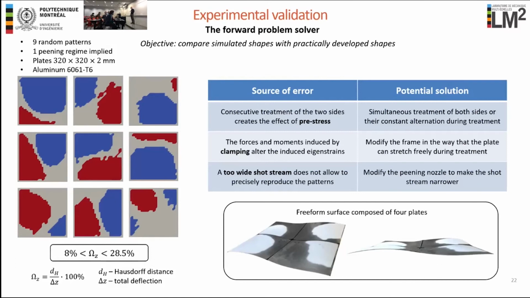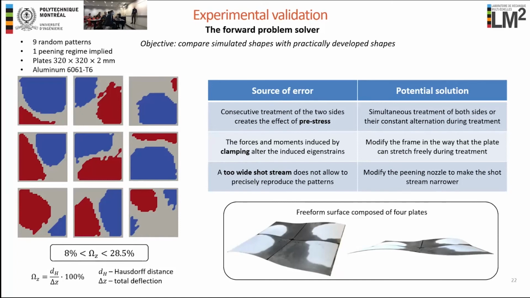So what we recommend to do in future is to let the plate at least expand freely while keeping it fixed. This will at least remove this contracting force. There will be some bending moment present, but we expect that its influence is lower than the contracting force.